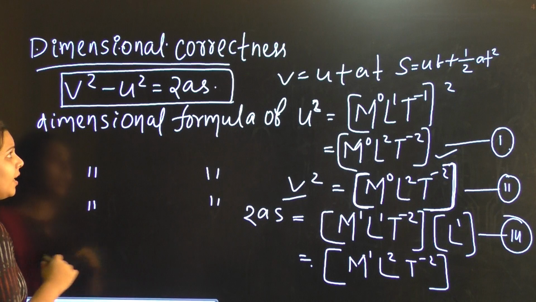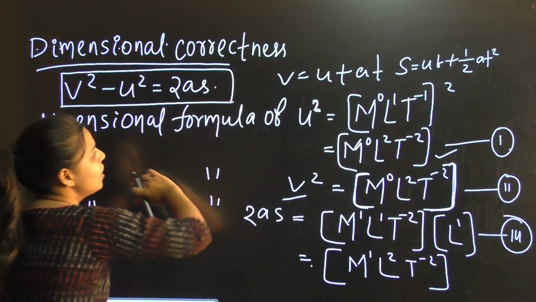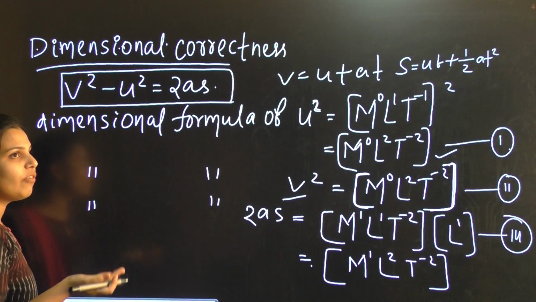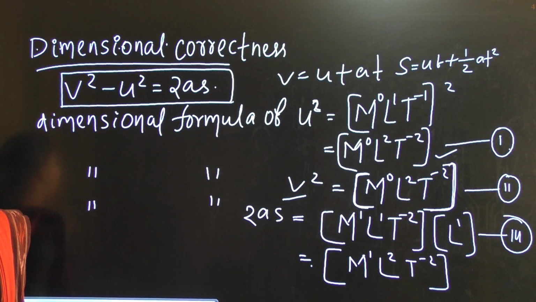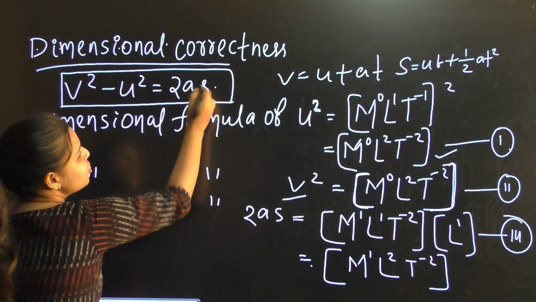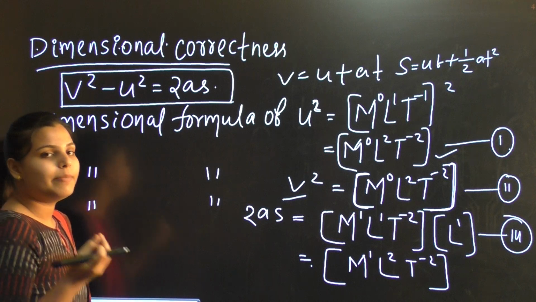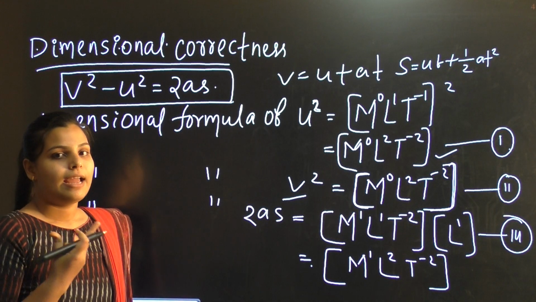Now come to this part, 2as. Dimensional formula of 2as. A is acceleration. What is the dimensional formula of acceleration? M0 L1 T minus 2. And what is the dimensional formula of s? Displacement, which is a length quantity, L1.